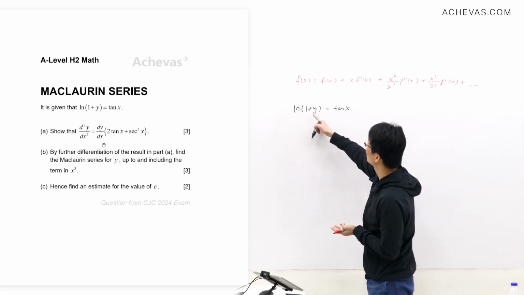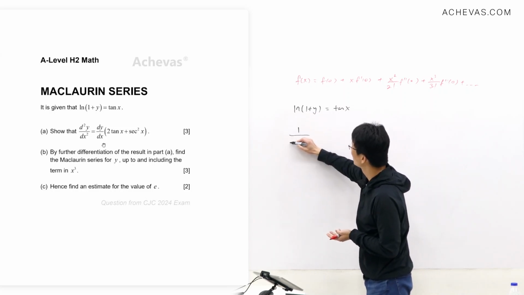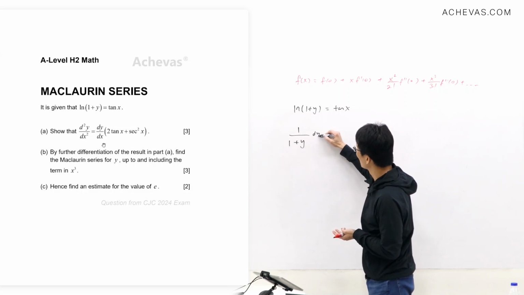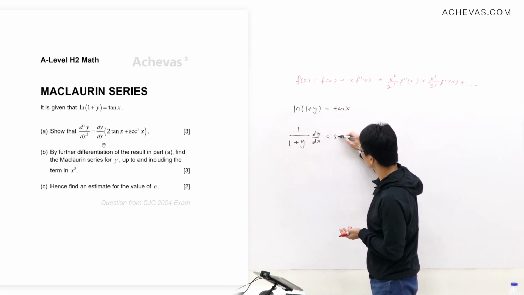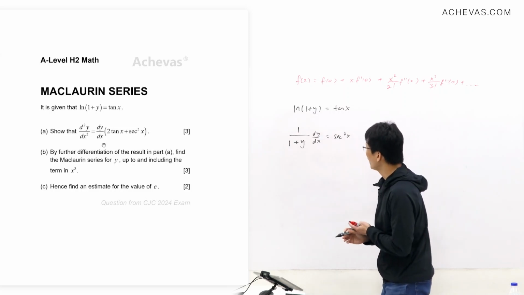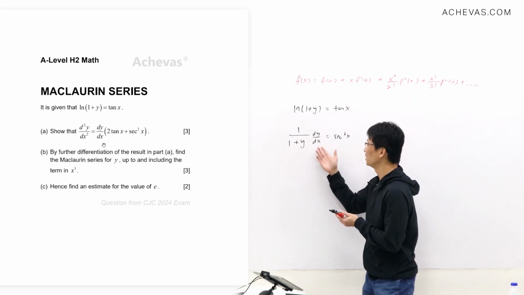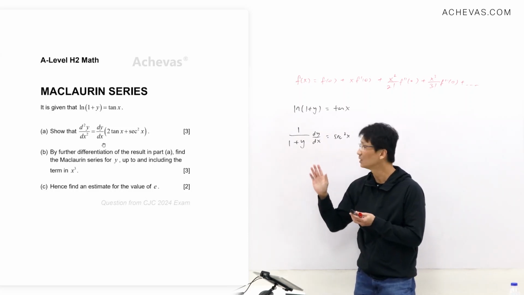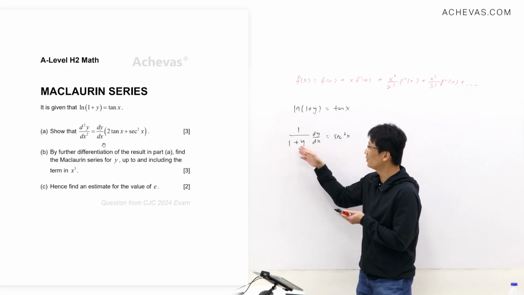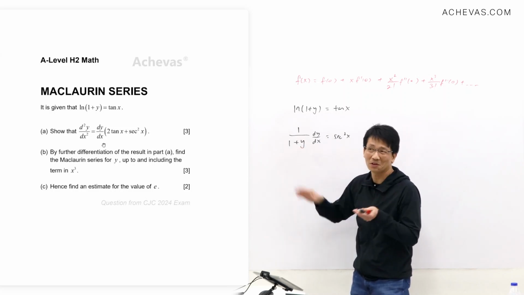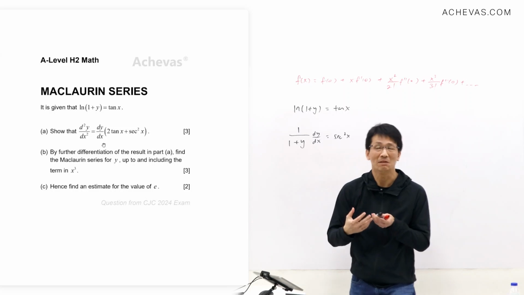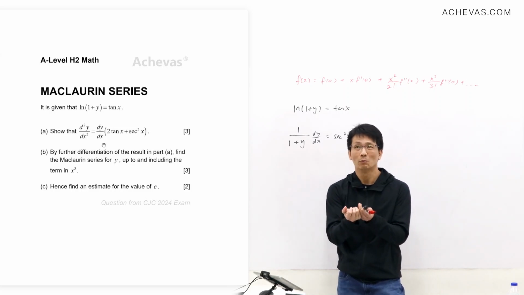x. So when I differentiate this with respect to x, I get 1 over (1 + y) dy/dx equal to sec²x. And usually, again, I wouldn't want to differentiate this without any simplification first because I don't really like this fraction. Usually with a fraction, when you do differentiation, it might involve the quotient rule, which will make your expression very complicated.